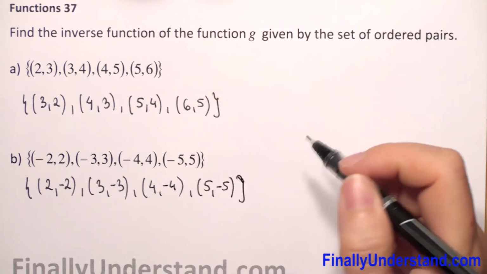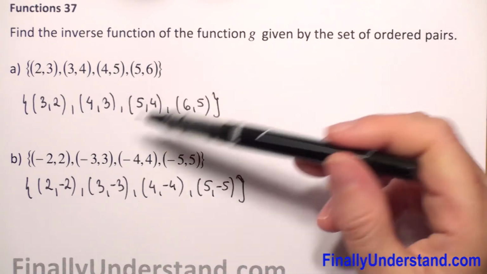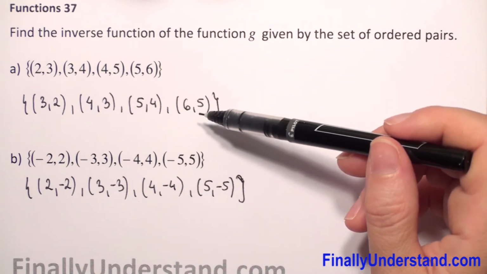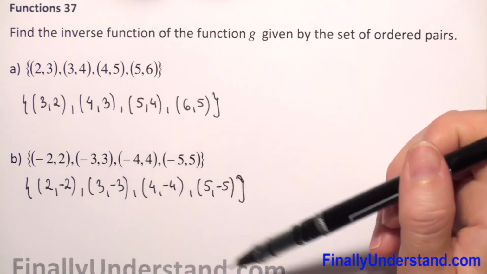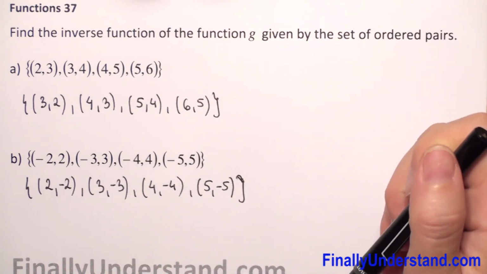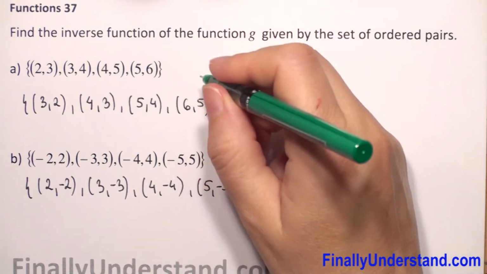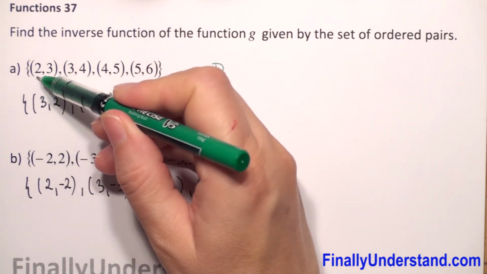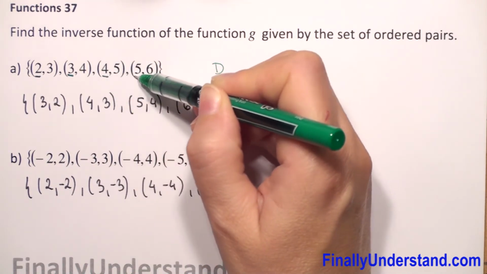To find the inverse function, when you have a given set of ordered pairs, you just have to interchange the first and the second coordinates of each of these ordered pairs. Now we see that the domain of the g function, let's write the domain in green, is the first coordinate, so 2, 3, 4, 5.